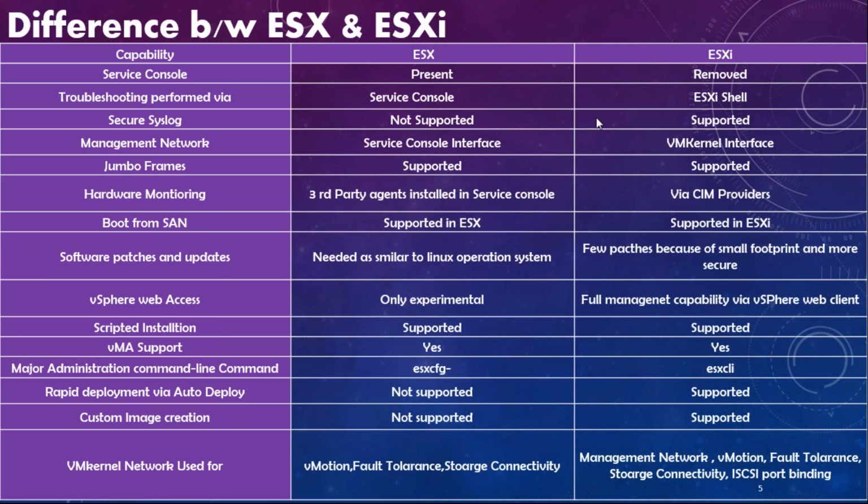Of all this explanation, you are required to remember at least 4 or 5 major points that differentiate the core differences between ESX and ESXi. If somebody asks you in the interview, you should be able to tell them this is what it is.